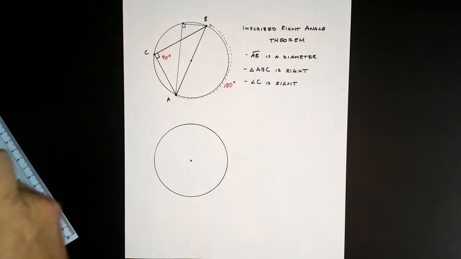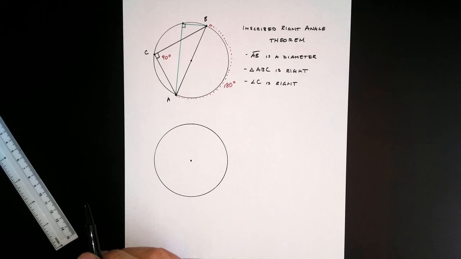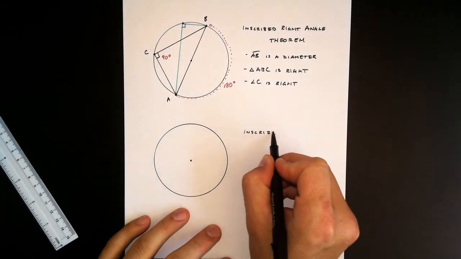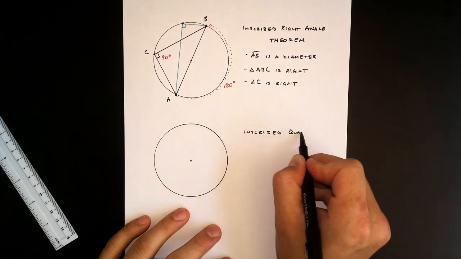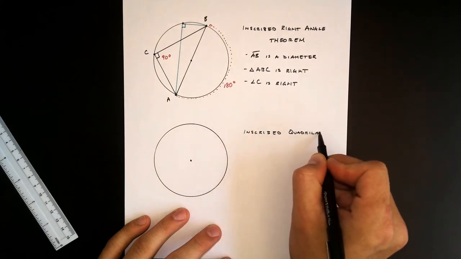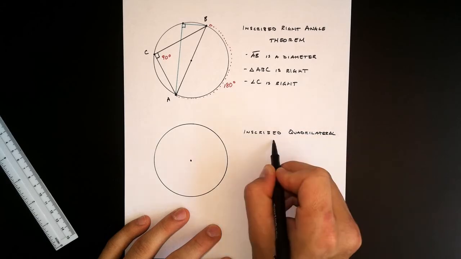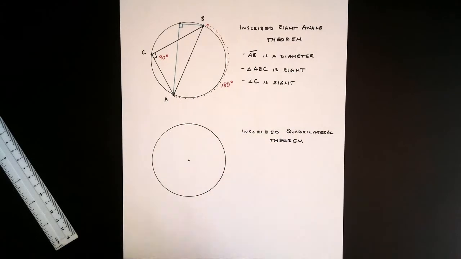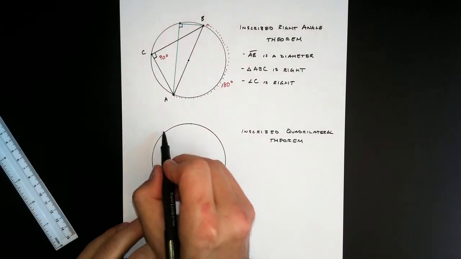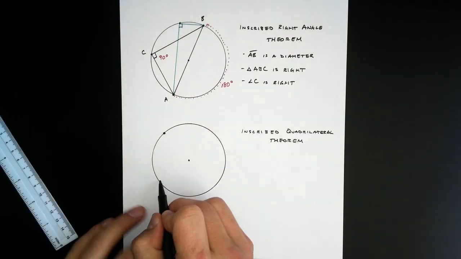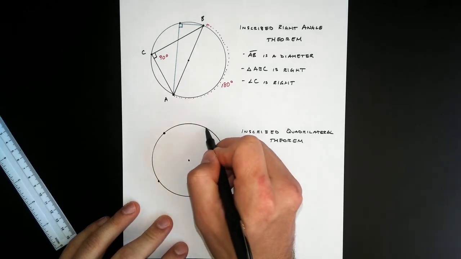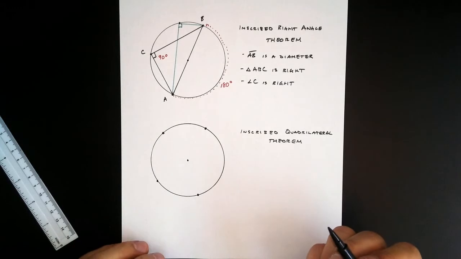Okay, the second theorem, as I said, it deals with quadrilaterals. So the Inscribed Quadrilateral Theorem. Okay. So what this deals with is if we have an inscribed quadrilateral, so again, that means we have a four-sided shape where all of the vertices are on the circle.